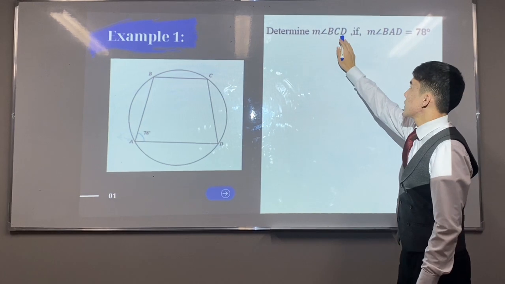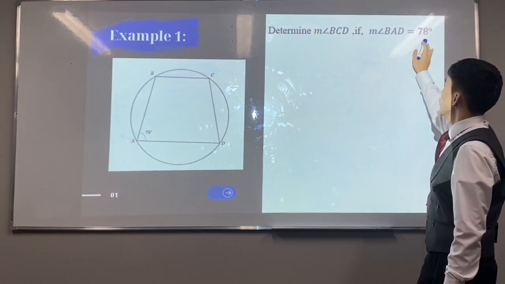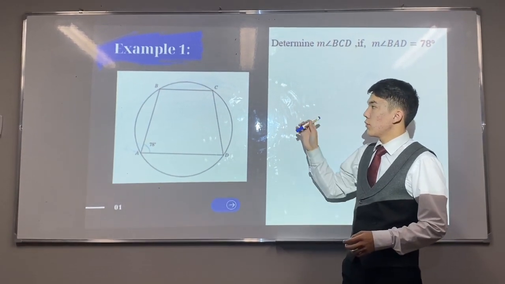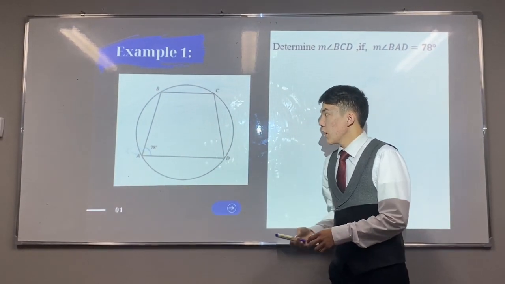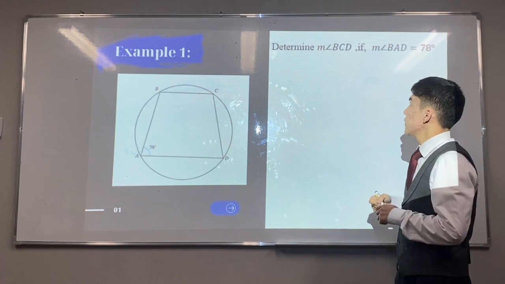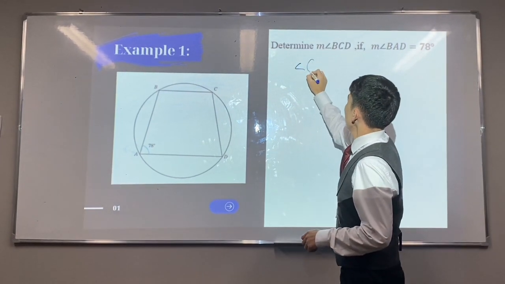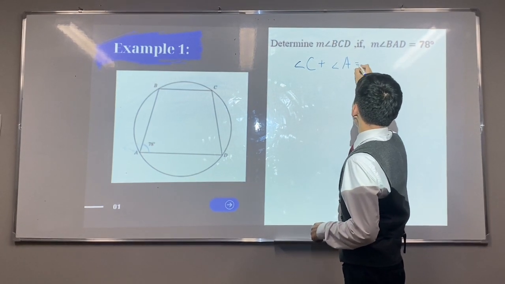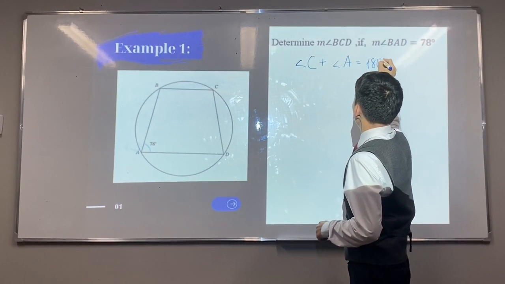It's our first example. Determine angle C if angle A equals 78 degrees. As we can see, it's a cyclic quadrilateral, so we can use our theorem: angle C plus angle A equals 180 degrees.